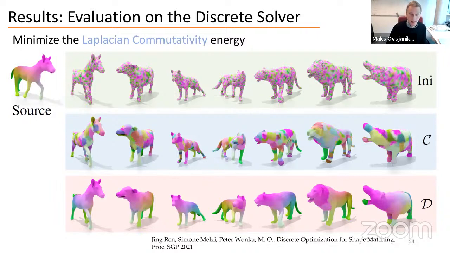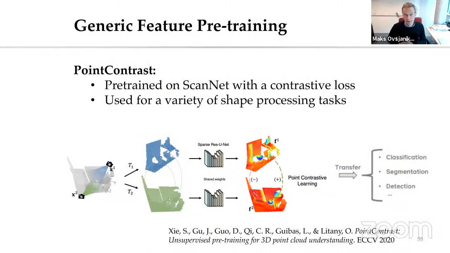Okay, and just to finish, I wanted to mention one work that is ongoing and not published, but I think is interesting in terms of the direction, and I feel it's also a little bit underexplored. The inspiration for us was this work by Xie, Litany and colleagues, called PointContrast.